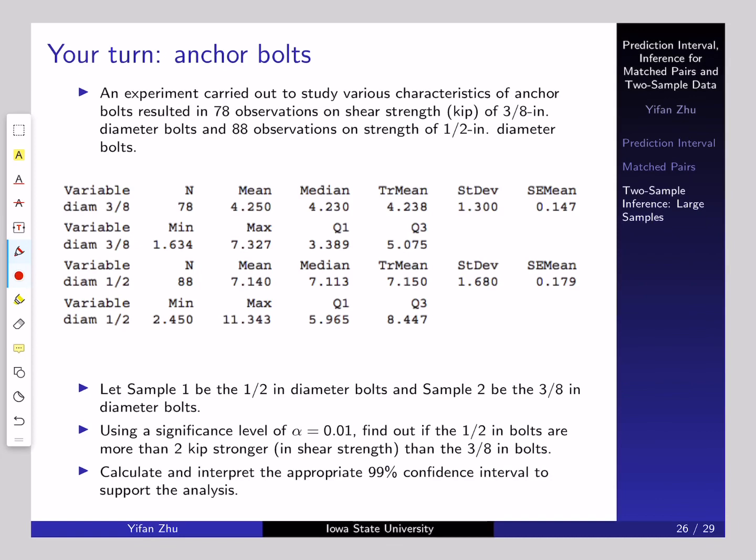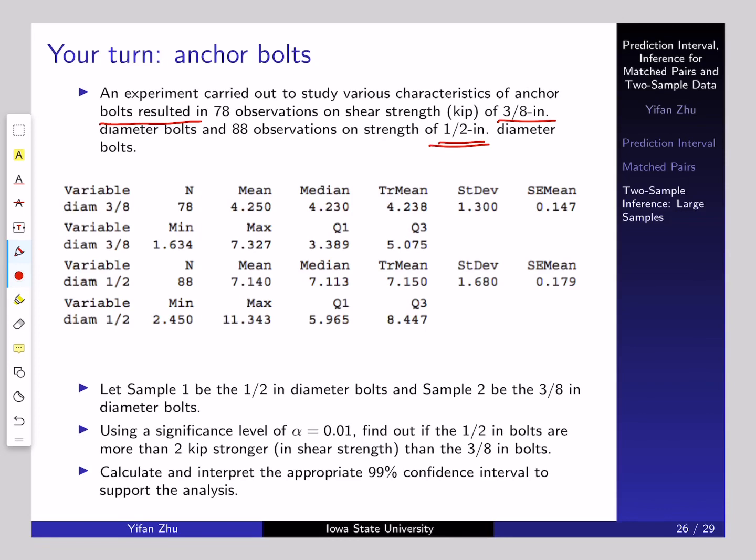Okay, and another example is about the anchor bolts. We have two types of anchor bolts with two diameters. One is bolts whose diameter is 3/8 inch, and another kind is the bolts with 1/2 inch diameter.